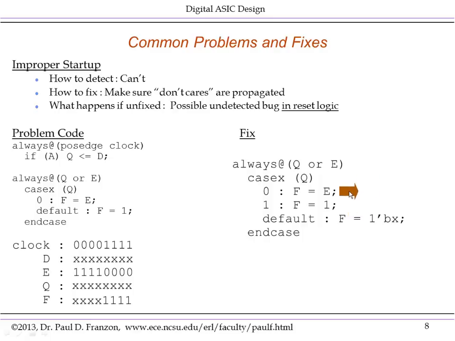If Q equals 0, F equals E. If Q equals 1, F equals 1. Default, which will cover Q equals unknown, F is unknown. What you've done here is if Q is X, the output of this is X, and you're not accidentally hiding a bug in your design.